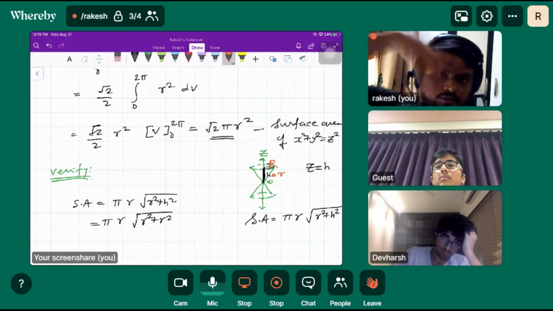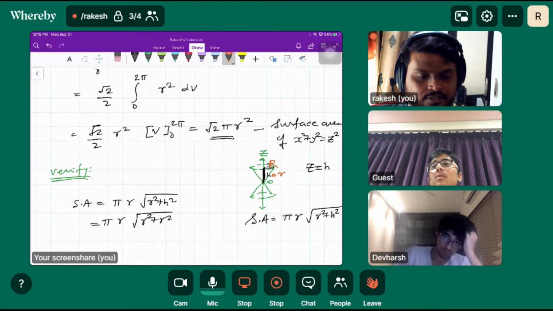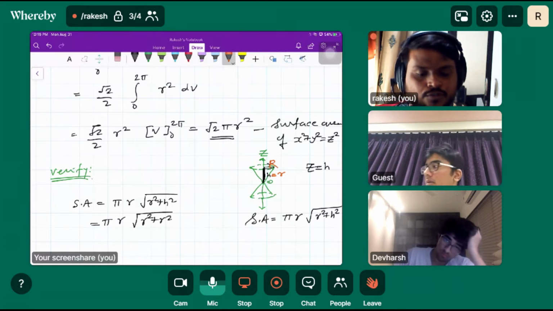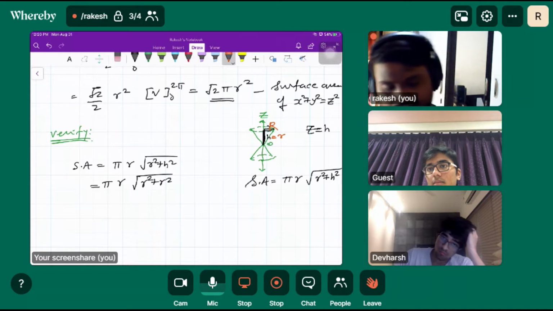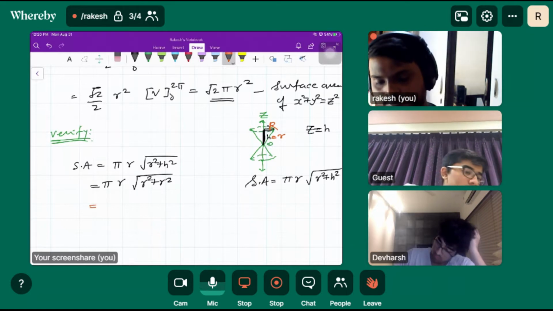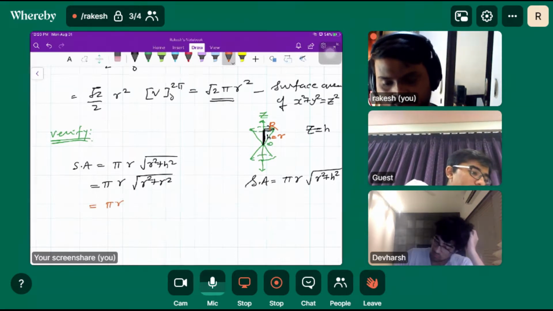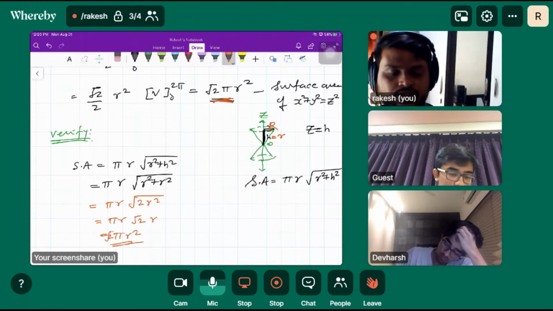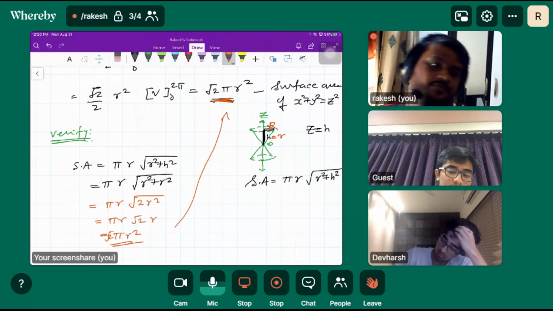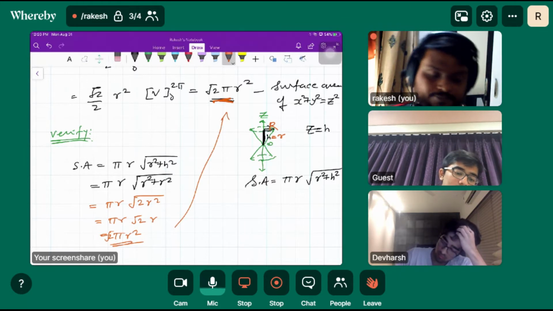So we get 2 pi, u goes from 0 to r. z is h, h is r. So pi r root 2 r square, which is root 2 pi r square, same as this, right? So this verifies the surface area of a cone.